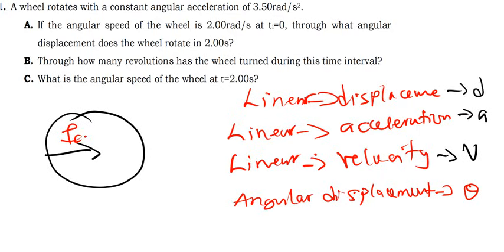So if the question is asking you to find the angular displacement, or just the displacement, and we are talking about circular motion, they want you to find the theta. They want you to find the angle. Angle is going to be in rad or in revolution. Any question asking you to find the revolution, they want you to find the theta, which is the displacement.